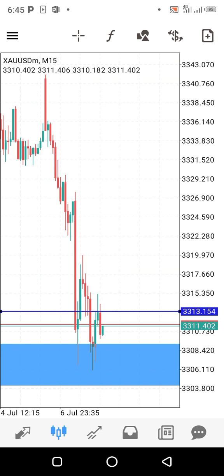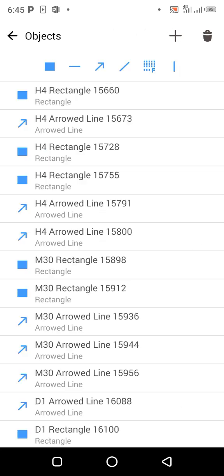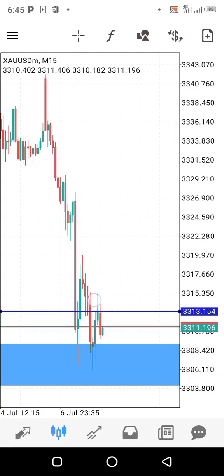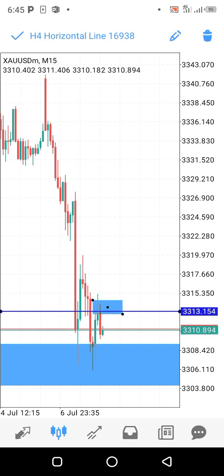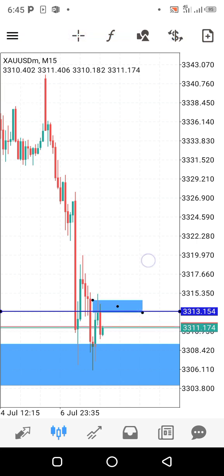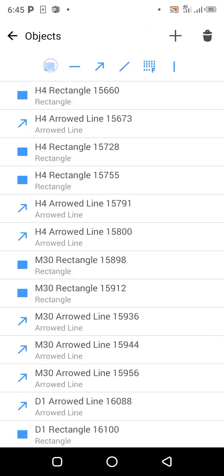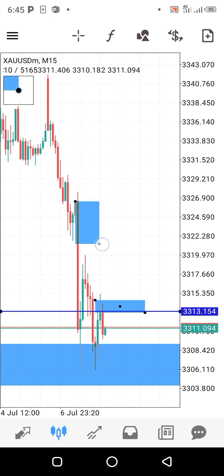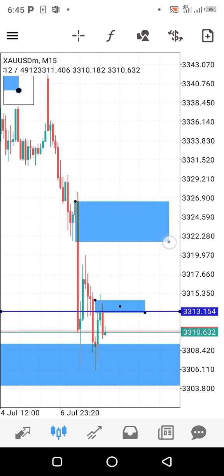Well, in the M15, price has already made a kind of rejection. As long as price is able to break this supply zone, then you can look for entries to take the price higher towards this demand zone. There's a supply zone up here.